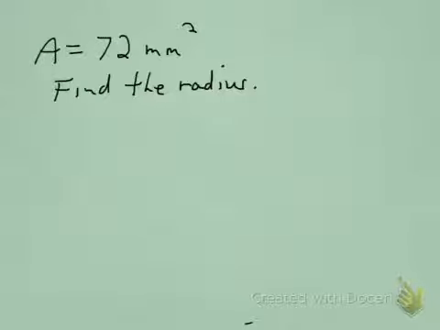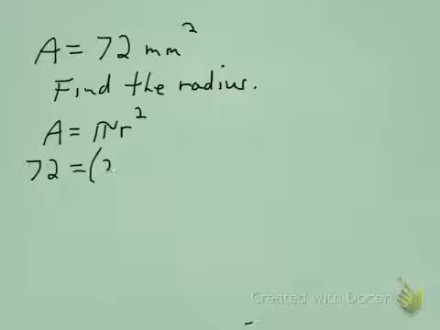Okay, my last one. This is going to be finding the missing part. They give us the area. So in your formula for area, they give you the area. Fill in for pi. Now, r squared.